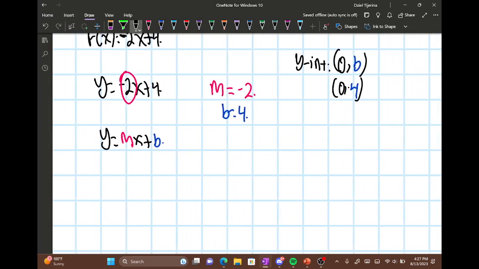And now we're going to use the rise over run rule for our slope. So we know that m is -2.